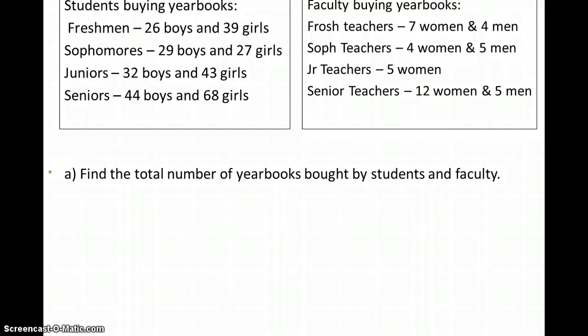We will create matrices for each of the situations, starting first with students buying yearbooks. To organize this, we have 2 different categories. And just to be a little bit more politically correct, we'll use male and female instead of boys and girls and men and women.